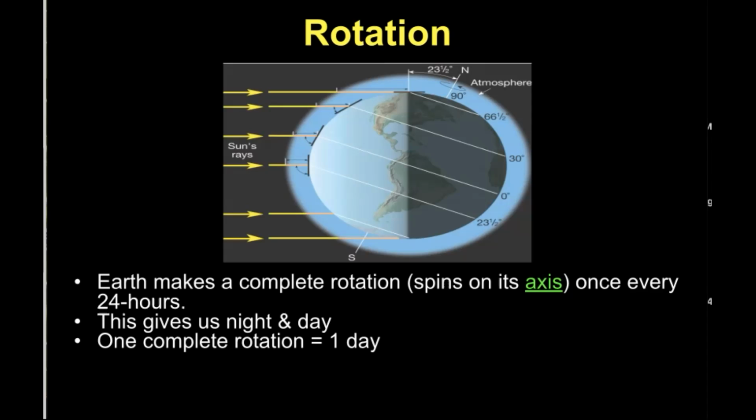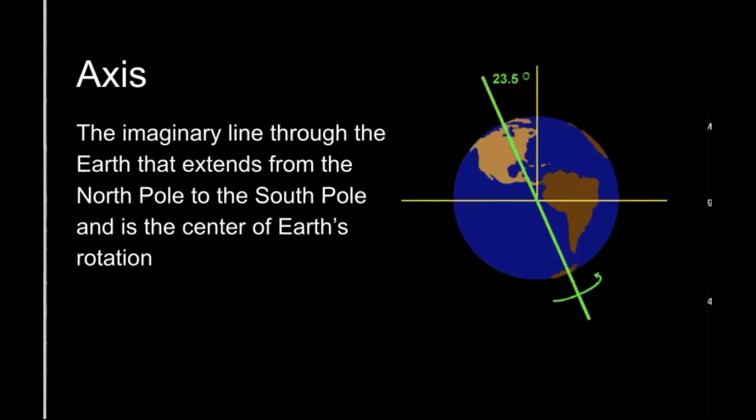All right. So the next couple slides just recaps what we've actually talked about. So again, we talked about that axis, right? And it's an imaginary line. There's not a real line, but it is where the Earth rotates from.